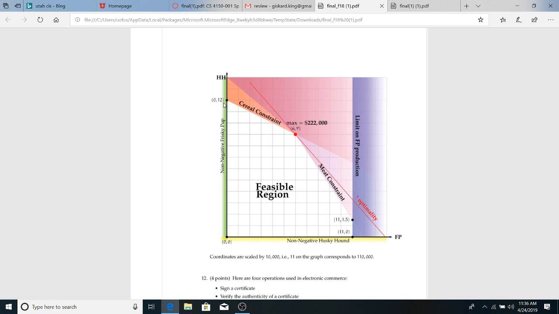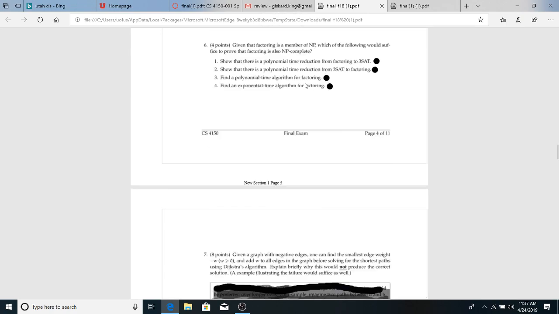Yeah, it's very simple. The dual would be an example where all these lines, instead of being less than, are all going to be greater than. Those will be your constraints there. And then you'll try and minimize the points associated with the dual. But yeah, that one wraps up this midterm.